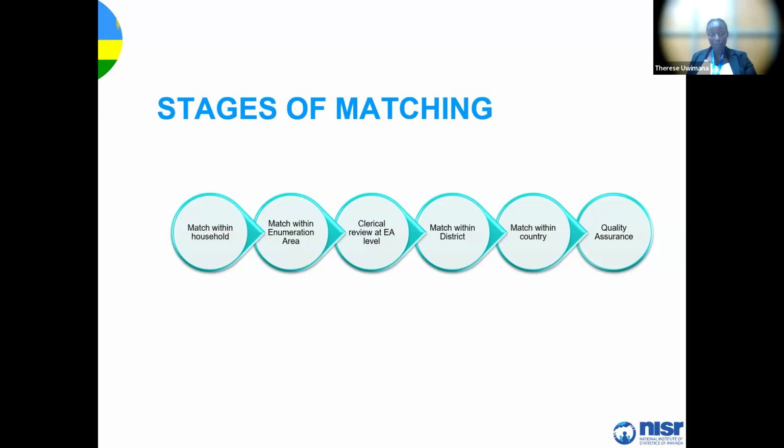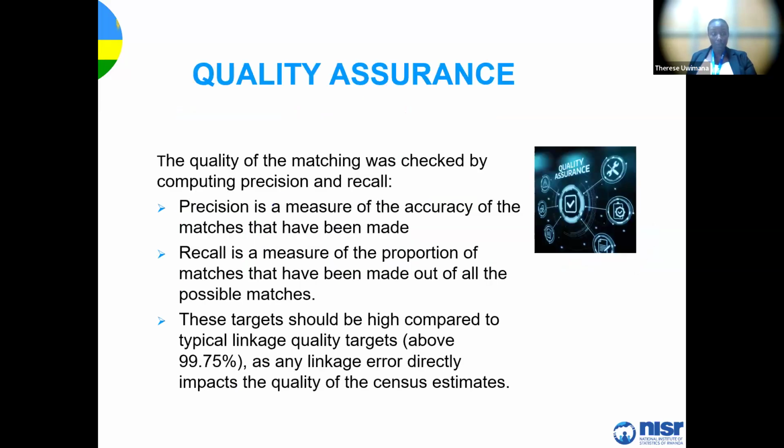Next. So after matching, we did quality assurance, because I assume that one can ask how confident we are that the automatic matches are exactly the matches. So we had a methodology to quality assure automatic matches, to ensure that the system has actually matched the right matches.